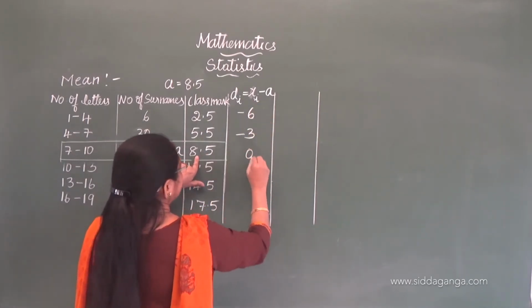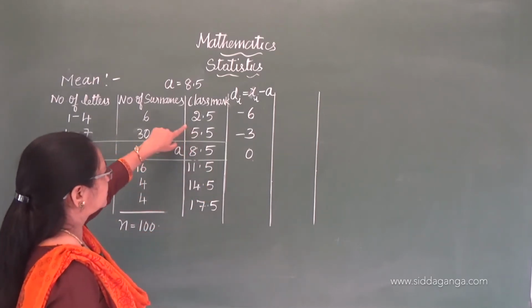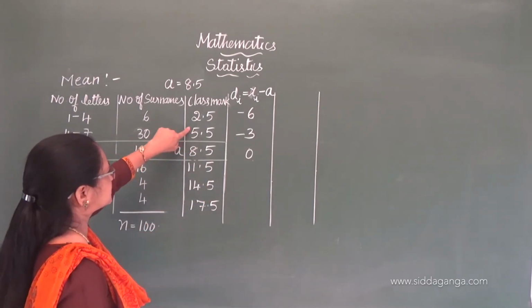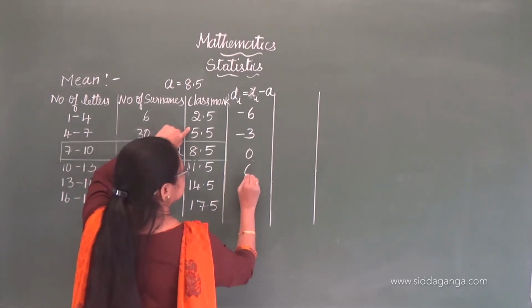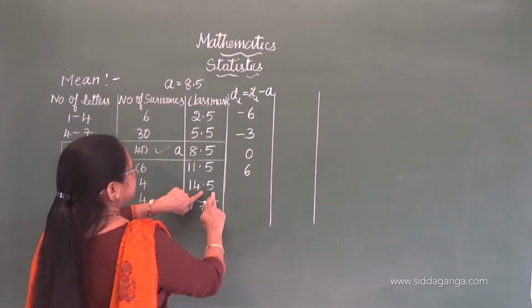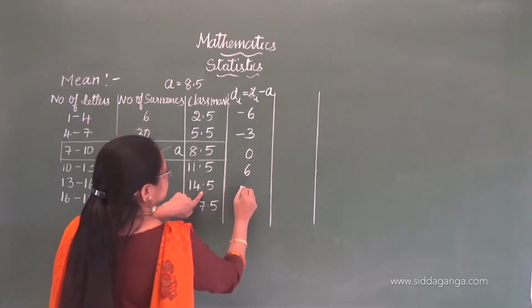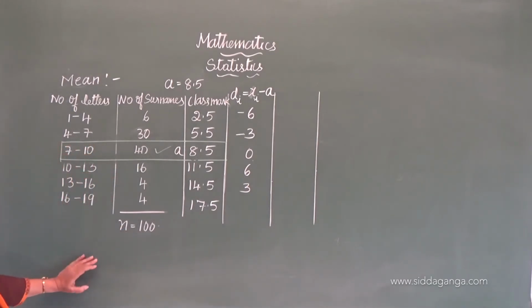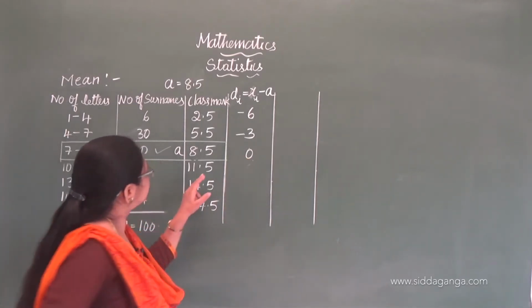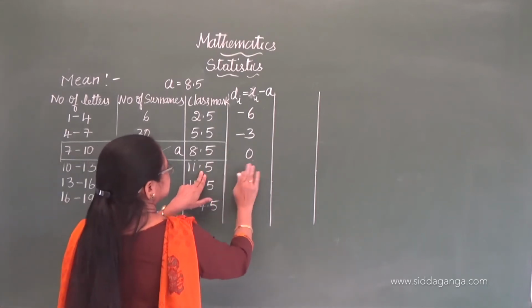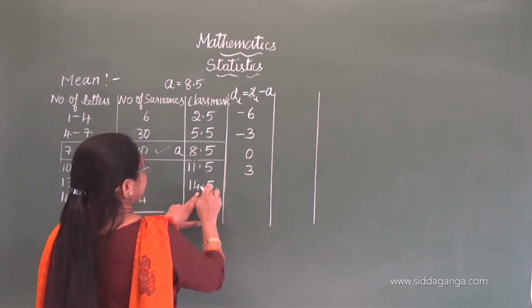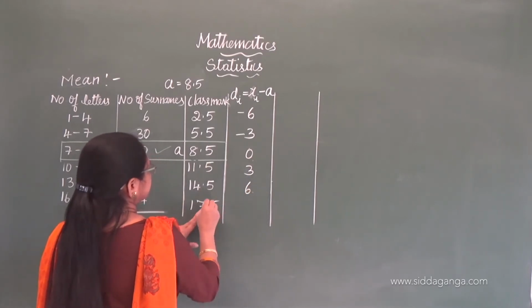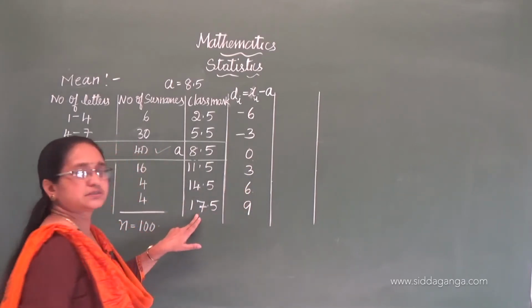Here 0. Then 11.5 minus 8.5 is 3, then 14.5 minus 8.5 is 6, then here 9, correct?